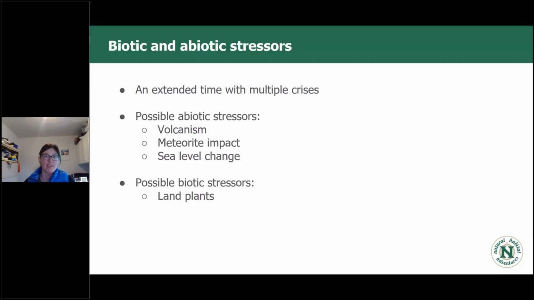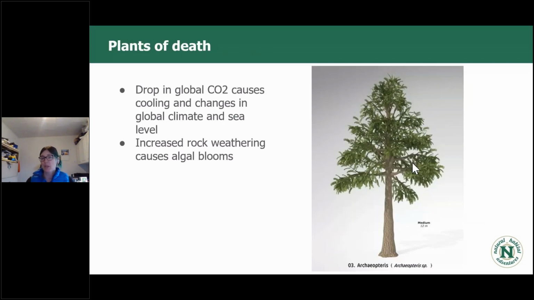We're going to start with the evidence and what happened for the land plants as stressors. I've been a little bit dramatic here, and I'm calling them plants of death. But that is really what those plants were for all the other organisms living at this time. Remember that before the Devonian, we did not have land plants beyond mosses.